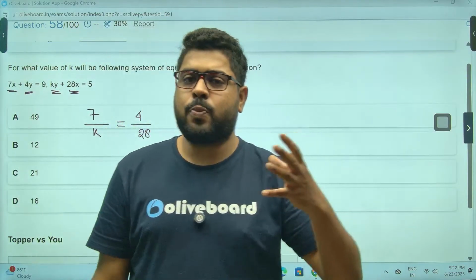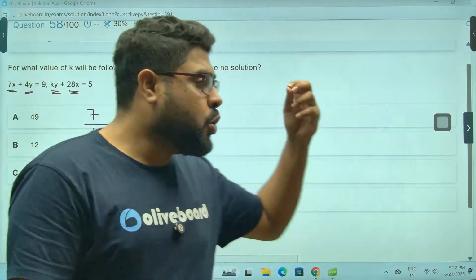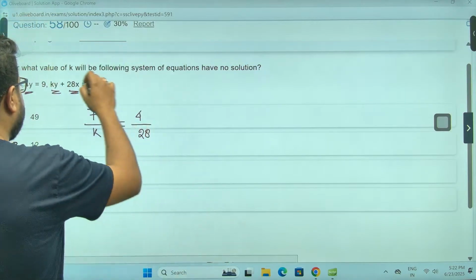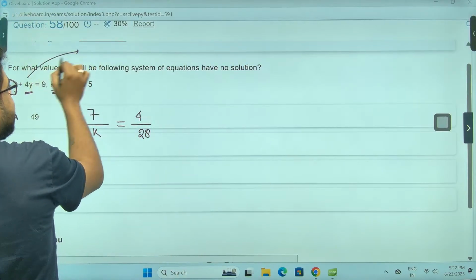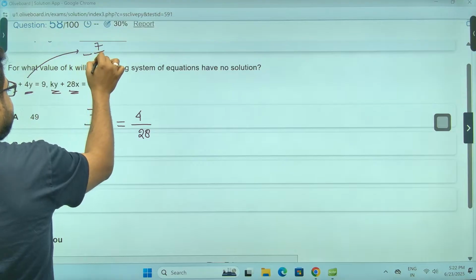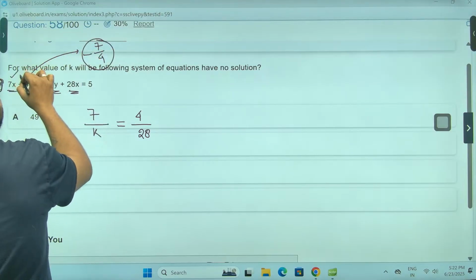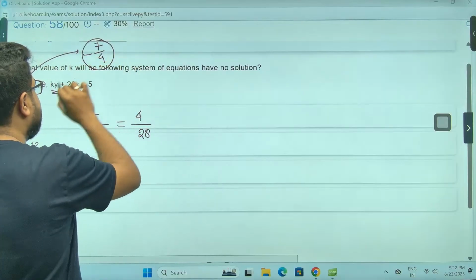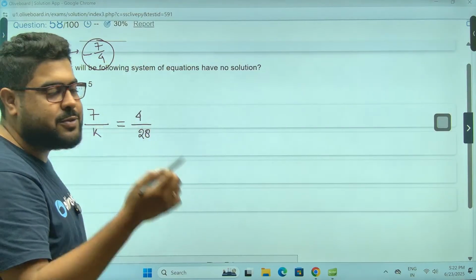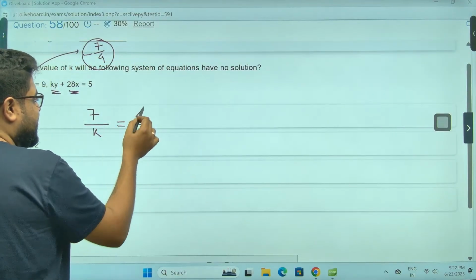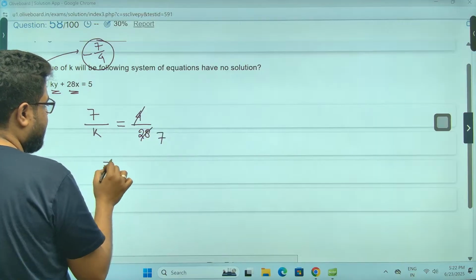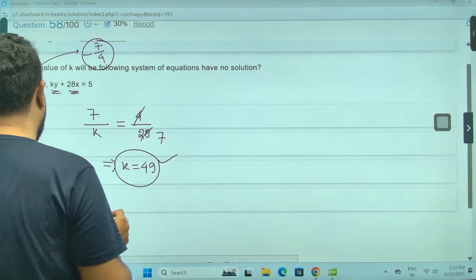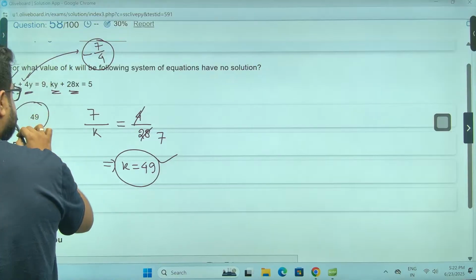Because in classes I told you, slope of any line can be written as minus coefficient of x by coefficient of y. So from there only you can equate both slopes as well. That will also give you the answer. So this is 7, K comes out to be 49. Option A is the answer.